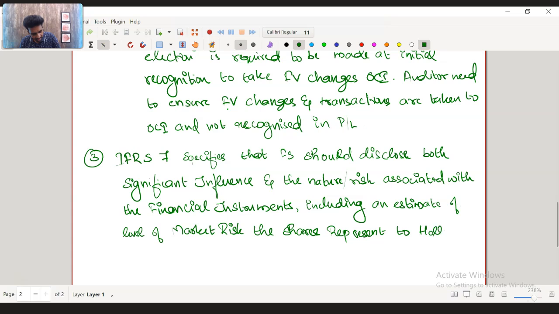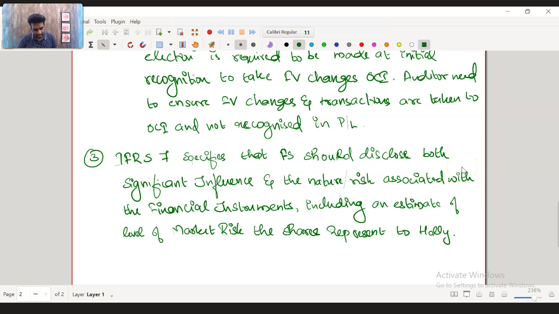So the market risk the shares represent to wholly should also be disclosed in the financial instruments disclosure. So you need to not just write about the significant influence or the nature of the investment, but also about the risk associated with the financial instruments as well. That is what the disclosure specifically talks about. So whenever you're given a financial instrument treatment in your scenario, this is how you need to explain it in your answer.